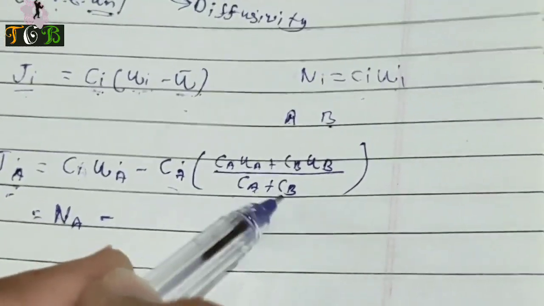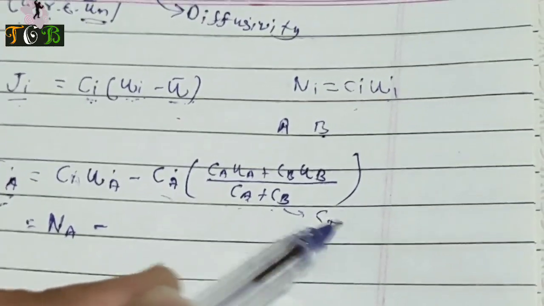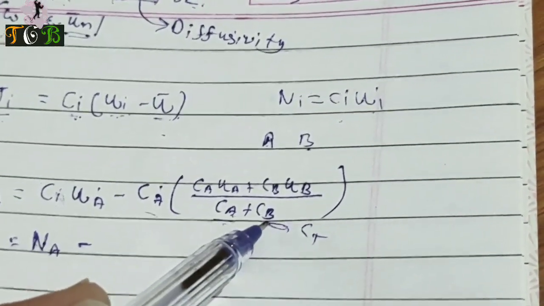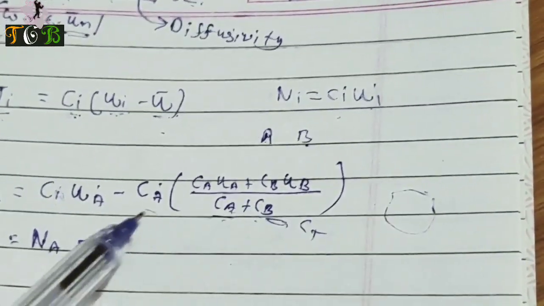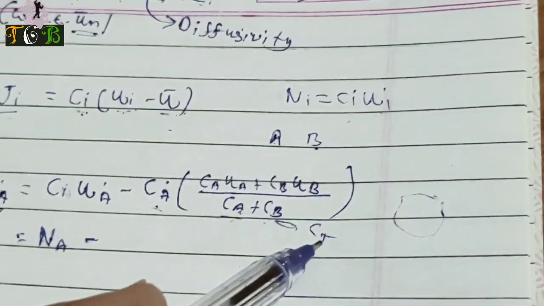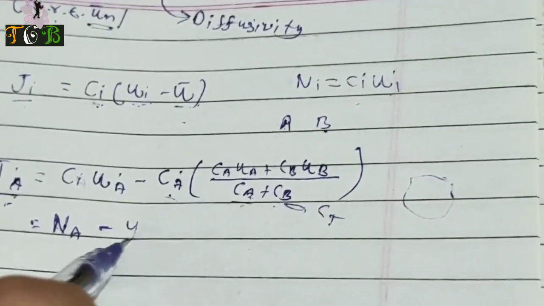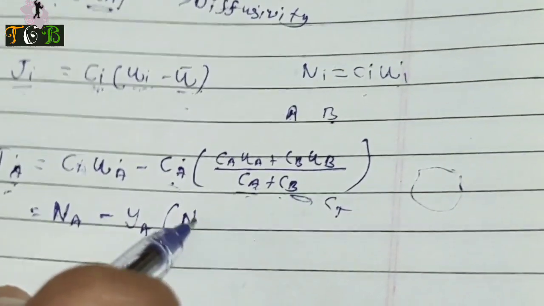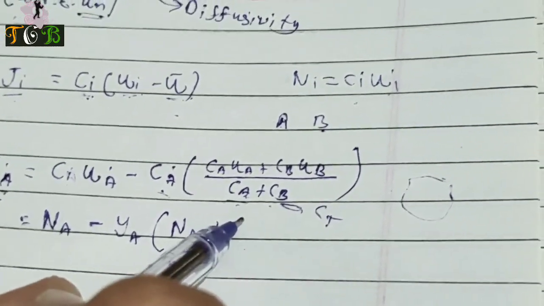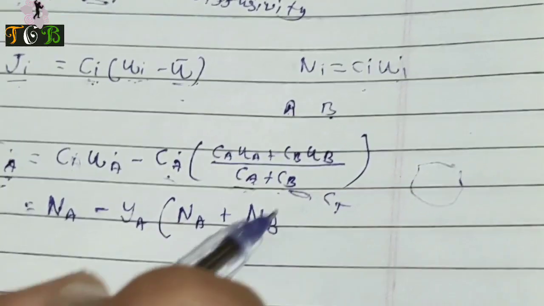Now Ca upon Ca plus Cb, that is concentration of A plus concentration of B, gives the concentration of the mixture, Ct. Concentration of A upon concentration of mixture is just the mole fraction of A, and CaUa will be Na, and CbUb will be Nb.